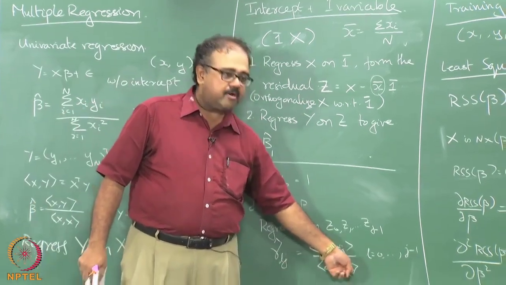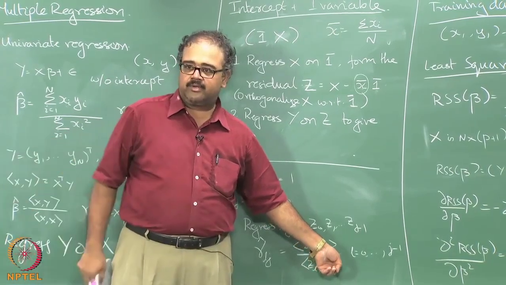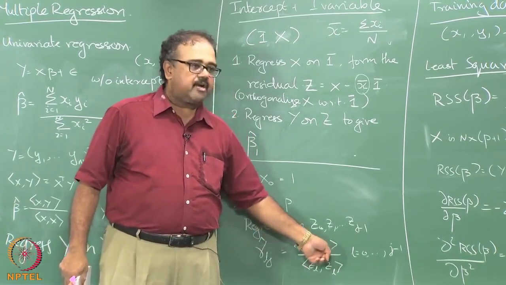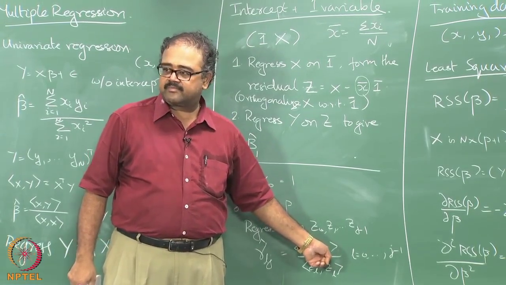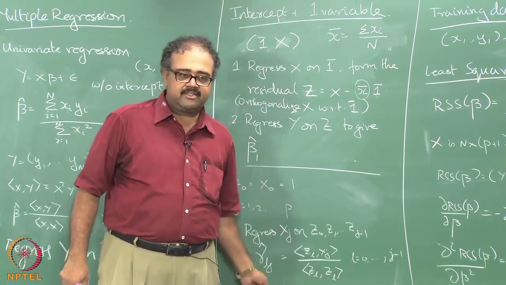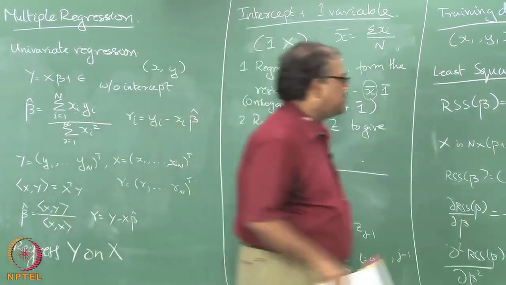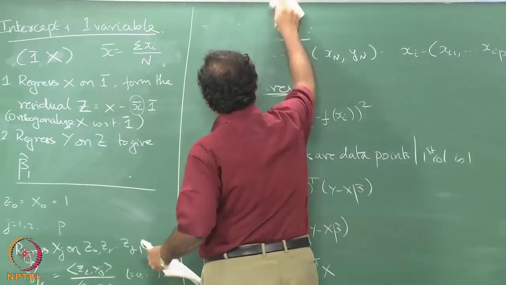The inner product of z0 with itself is n, because I just sum up all the ones, so the dimension is n. And the inner product of z0 with x1 will be the summation of x1. So summation of x1 by n is essentially the average. That is essentially what we had here. So that is the same formula, and now I am generalizing to other dimensions.